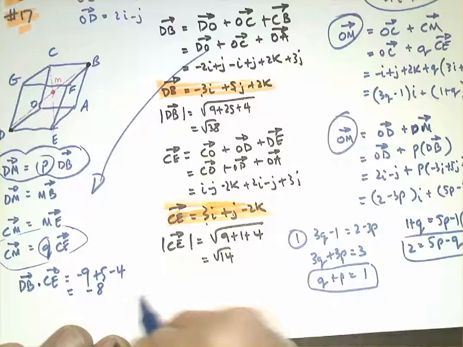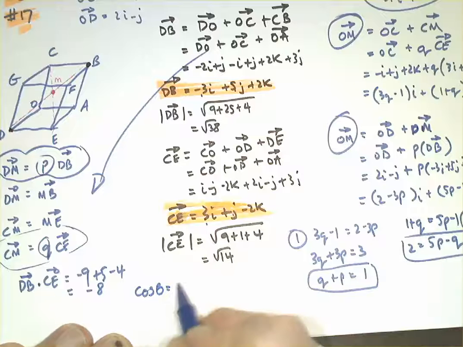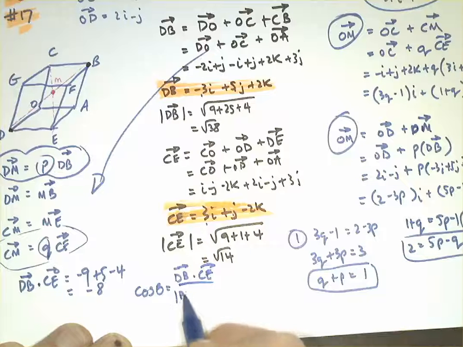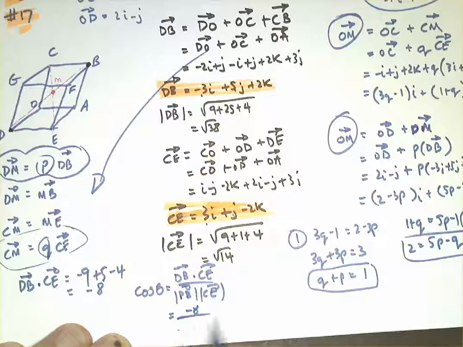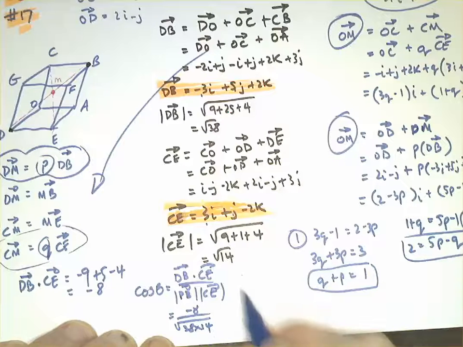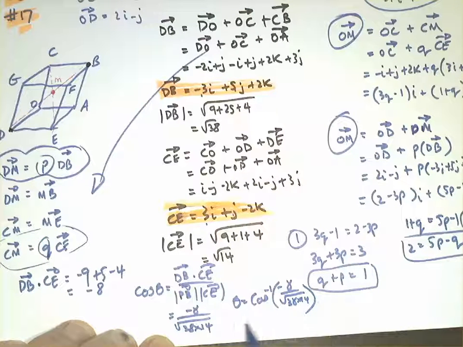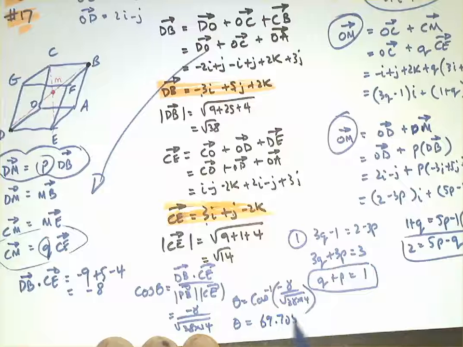And I know that the cos of the angle will be DB dot CE over the magnitude of DB times the magnitude of CE, and that's going to equal negative 8 on top of the square root of 38 times 14, which means the angle is the inverse cosine of minus 8 on top of the square root of 38 times 14, and on my calculator that gives me theta equaling 110, and when I minus that from 180, it's going to give me 69.705 or 69.71 degrees. Okay, that's the question.